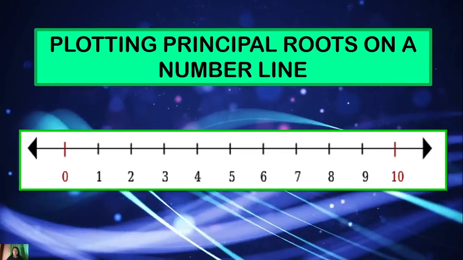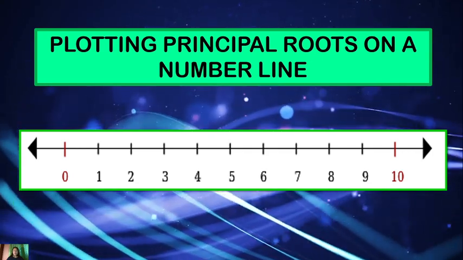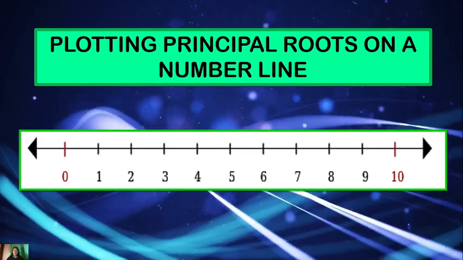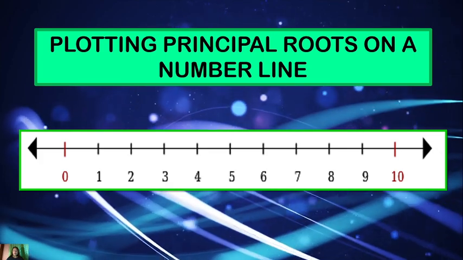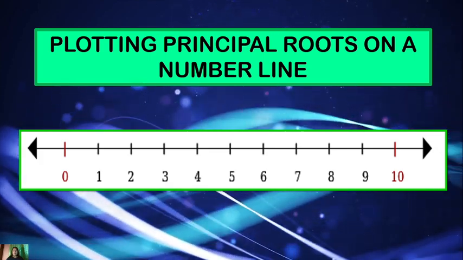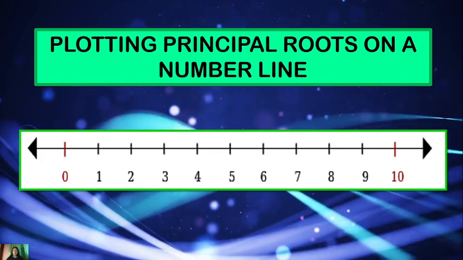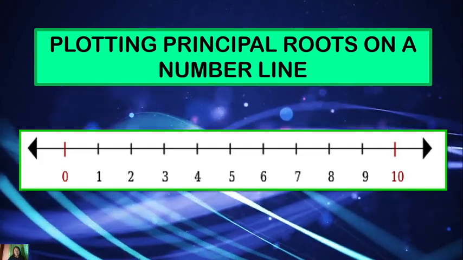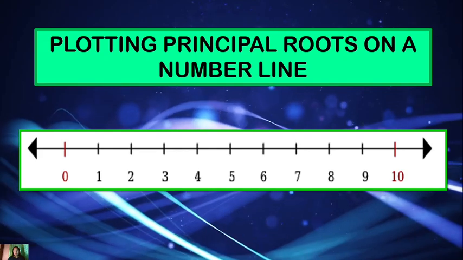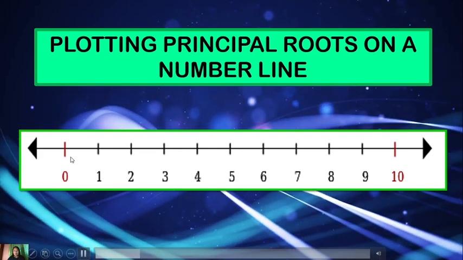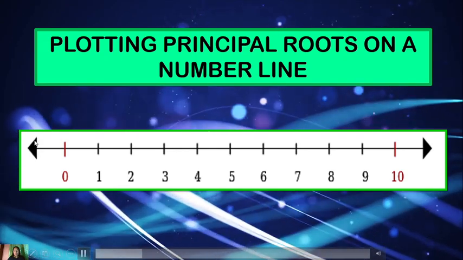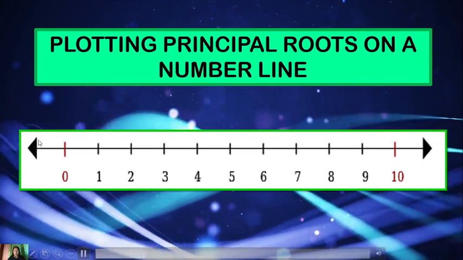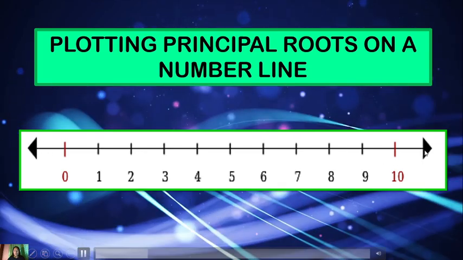This time, since we are dealing with principal roots, you are going to start your number line at 0 and then positive numbers because principal root does not have negatives, okay? So, starting from 0 and then goes to the right. But make sure na meron pa rin tayong arrow to the left and arrow to the right.